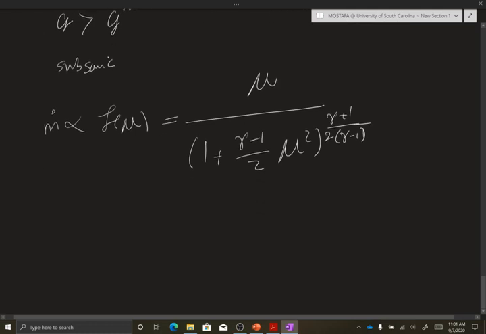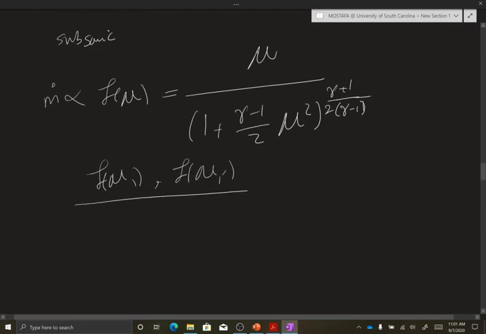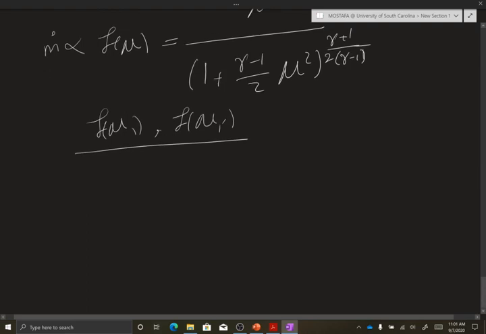Okay, so essentially we can do FM1 and FM1 prime. We can find those two, and your flow split is going to be (FM1 minus FM1 prime) over FM1.